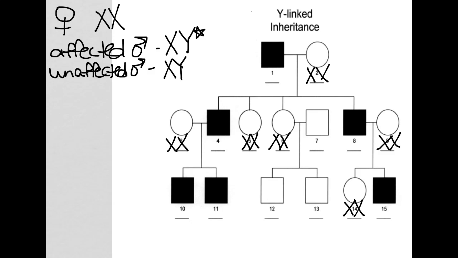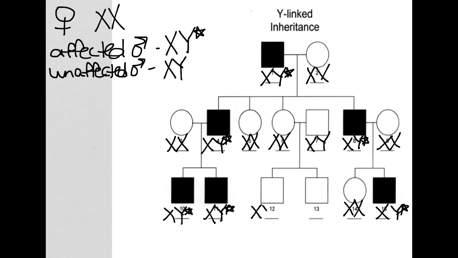Okay, so next let's look at affected males, and their genotypes are all going to be XY star. And next we have all the unaffected males, and their genotypes are going to be simply XY.